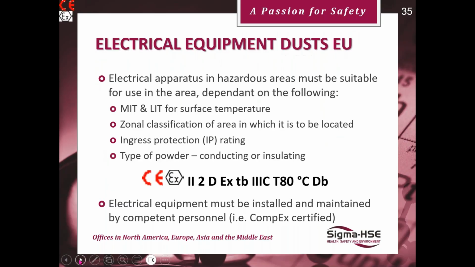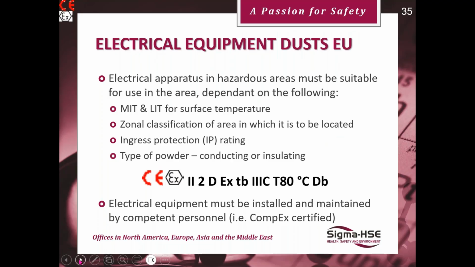Electrical equipment for dusts. Well, electrical apparatus in hazardous areas must be suitable for use in the area, depending on the following. So we know the MIT and LIT for surface temperature, so we can decide whether that's going to be a problem. Zonal classification in the area: is it zone 0, 1 or 2 for liquids and gases?